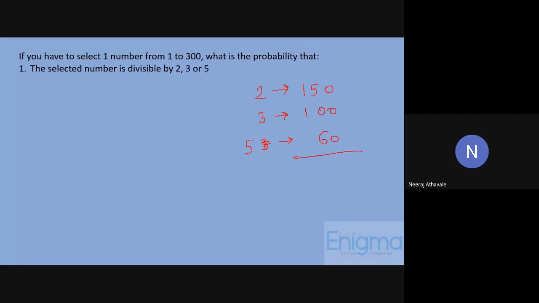So this addition comes out as 310. And so favorable outcomes 310 upon 300. But this is wrong. Now why is this wrong? Because you have only found the individual counts of 2, 3, 5, there will be many common values as well. So that's what you need to find out first. So this is wrong.